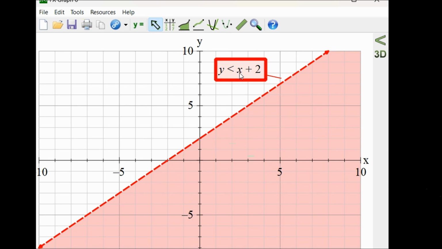If x is 2, plus 2 gives us 4. So in the case where x is 2, y is all the values less than 4. Okay, so look, we have a line here. Suppose x is 2. How do I do that?